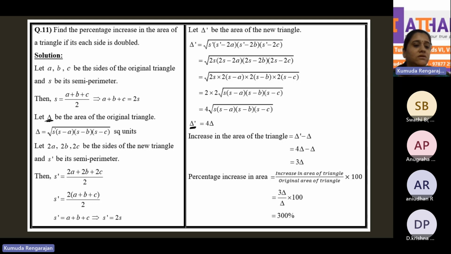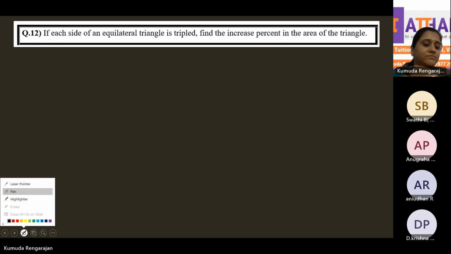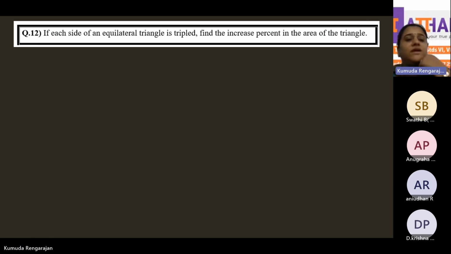Delta dash is 4 delta. If each side of an equilateral triangle is tripled, find the increased percent in the area of the triangle.